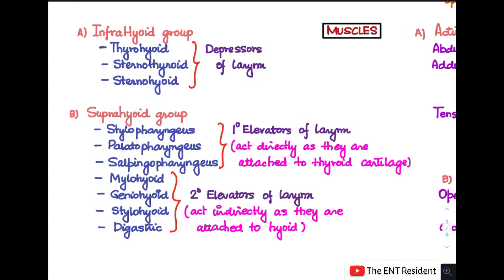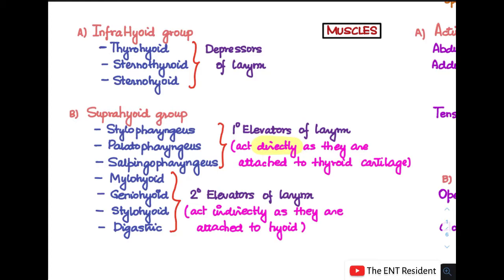So suprahyoid group, as I already told you, they are the elevators of larynx. Now we can divide this group into primary elevators and secondary elevators. Now what do you mean by primary elevators? They are called primary because they are acting directly, as they are attached to the thyroid cartilage, which is a part of the laryngeal framework.